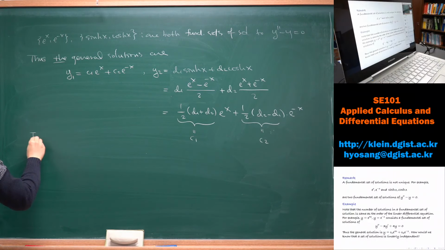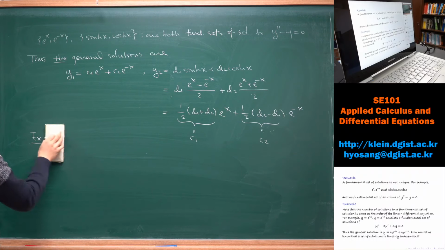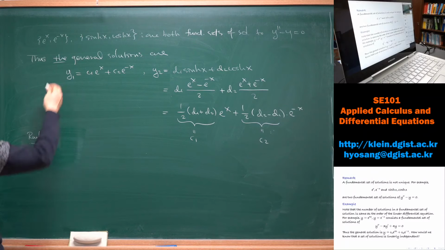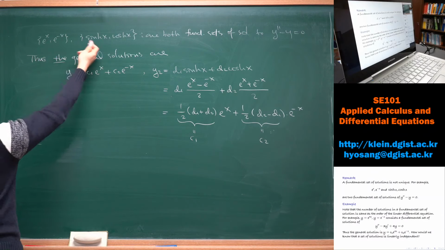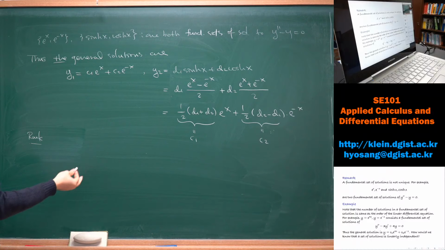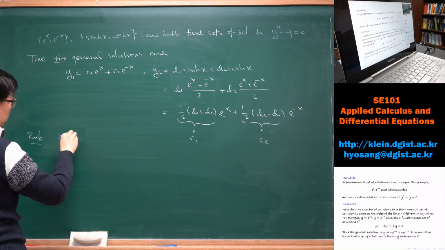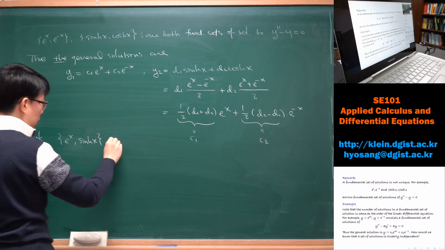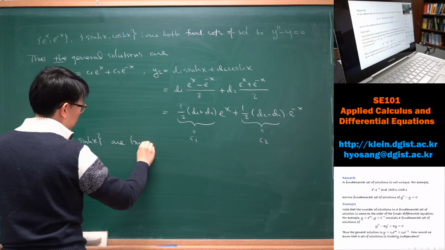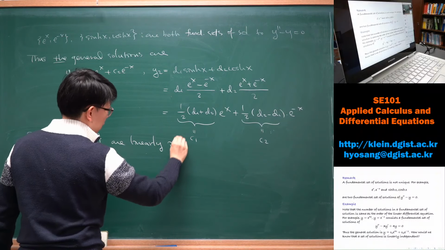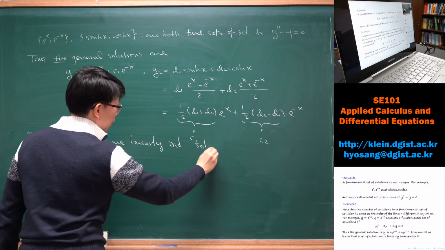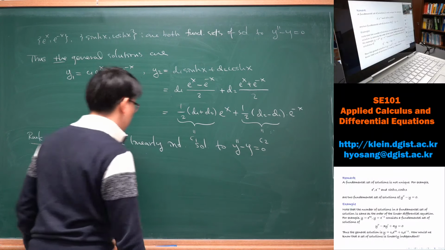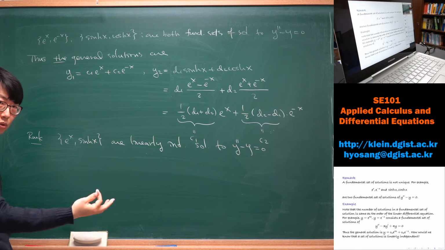Therefore we can say the general solution is expressed either in this form or in this form. Well, this is a remark. We can also say that combining one function from each set is also a fundamental set of solutions. So e to the x and, let's say, sinh x are linearly independent solutions to y double prime minus y equals 0, and we have two solutions, right?